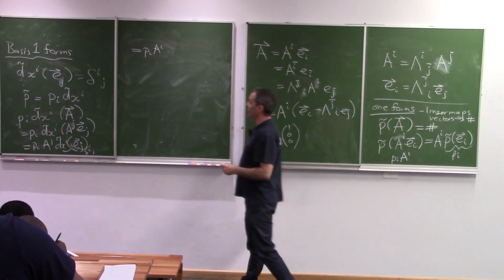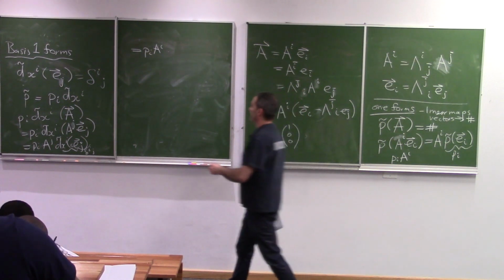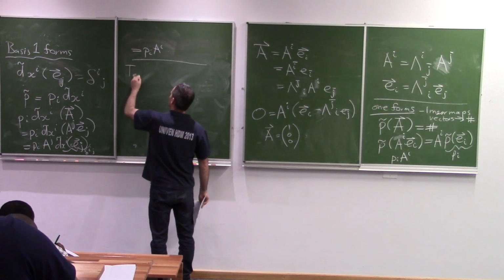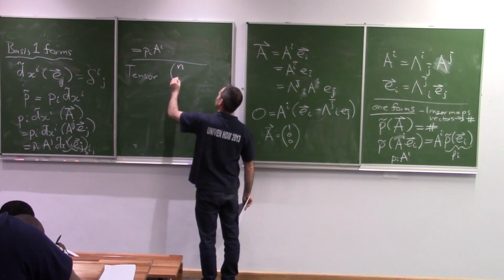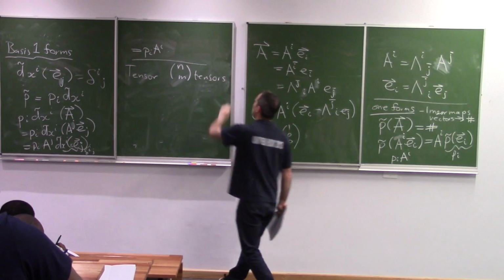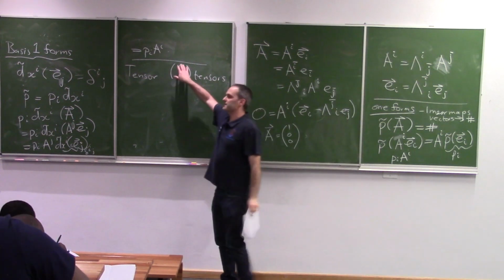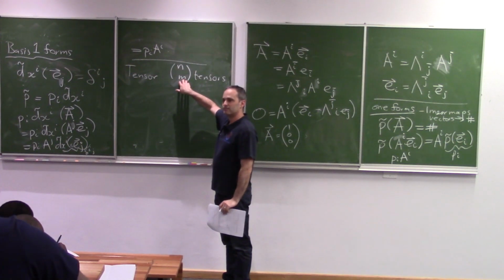Right, so now I've defined one forms, I can define tensors. I have a general tensor, and I'm going to talk about (n, m) tensors. Can anybody guess what an (n, m) tensor does, if you don't know already? You might not know what the n and the m stand for.